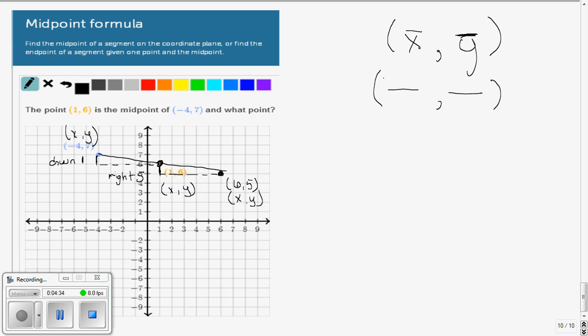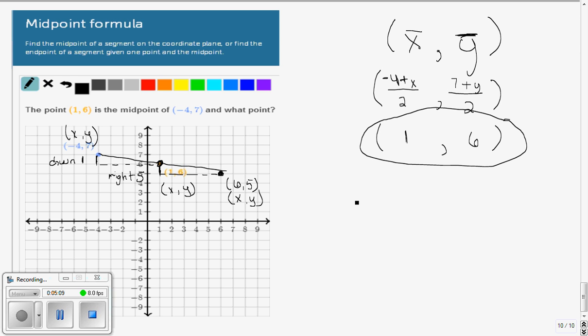So I take negative 4 and add my other x value, but I don't know what that x value is yet, so I'm just going to make it a variable, and I divide by 2. I happen to know that that answer was 1. I took my y values, 7 and whatever my other y was, and divided by 2, and I know my answer here was positive 6, because my midpoint was (1, 6).